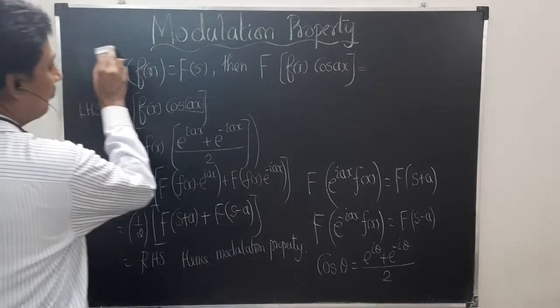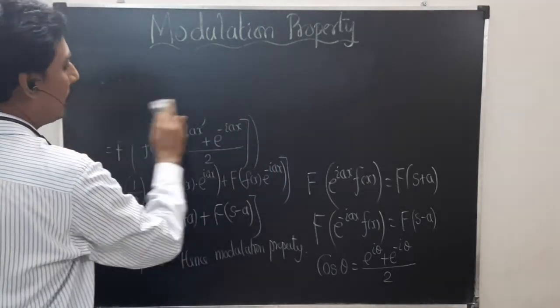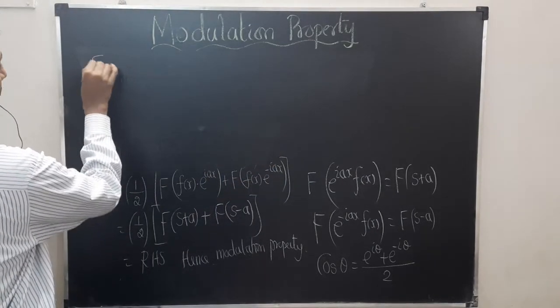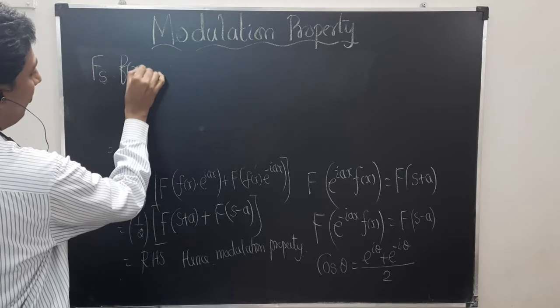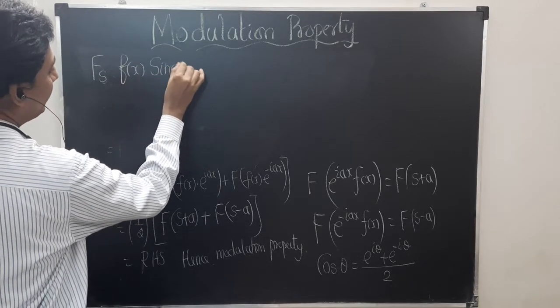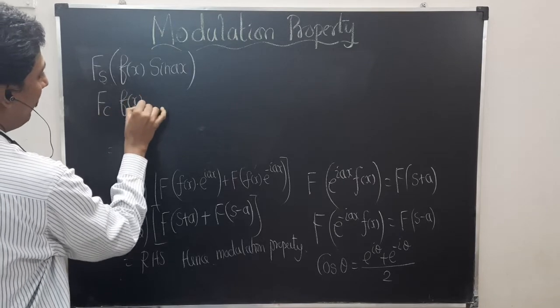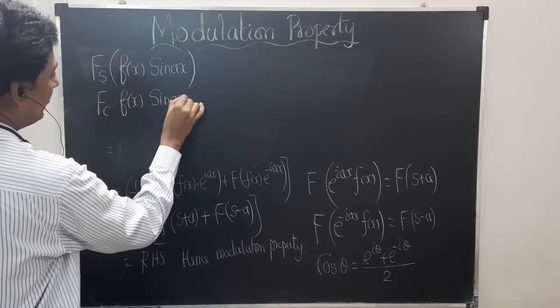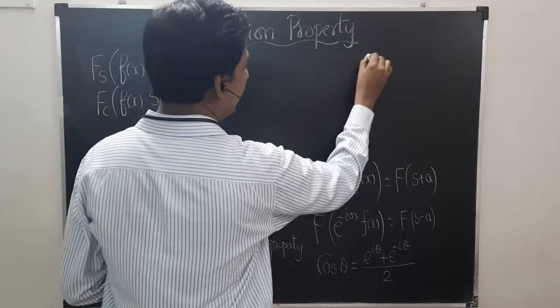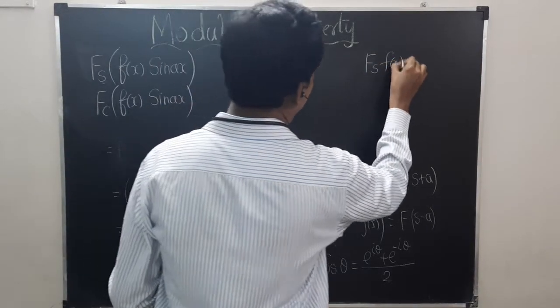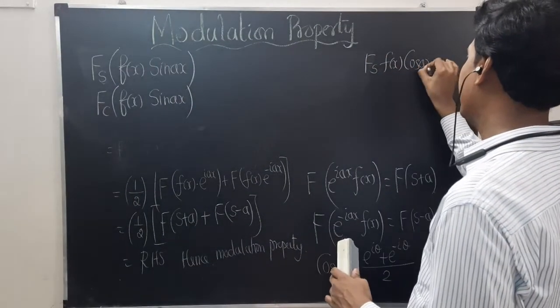Now my question is, what are the modulation properties of the Fourier sine transform of f of x into sine ax? What is the Fourier cosine transform of f of x into sine ax? Similarly, what is the Fourier sine transform of f of x into cos ax?